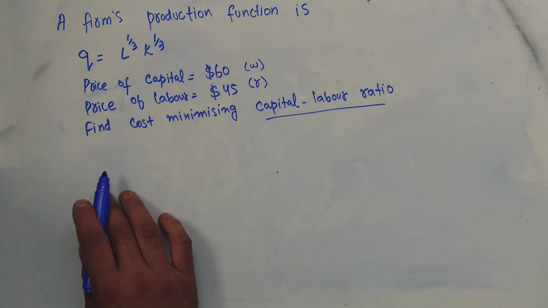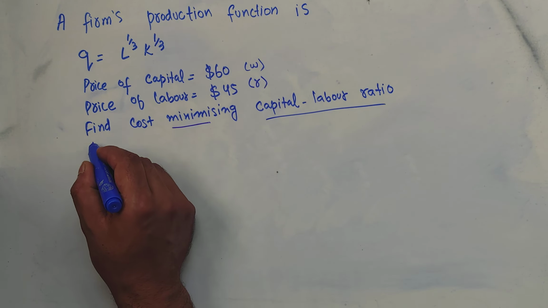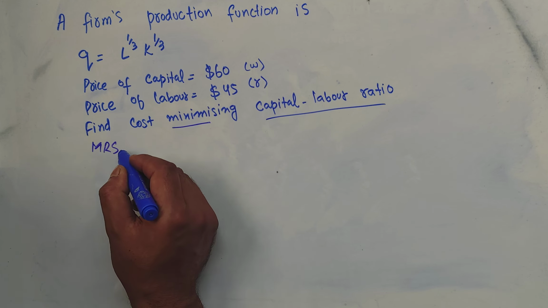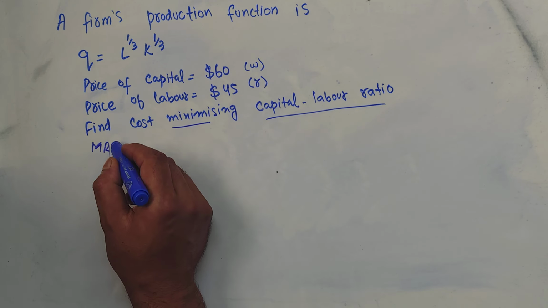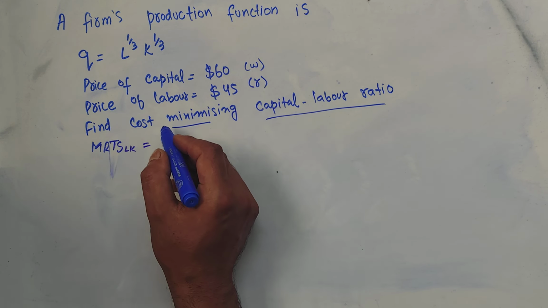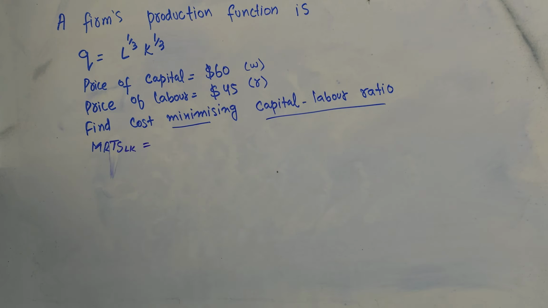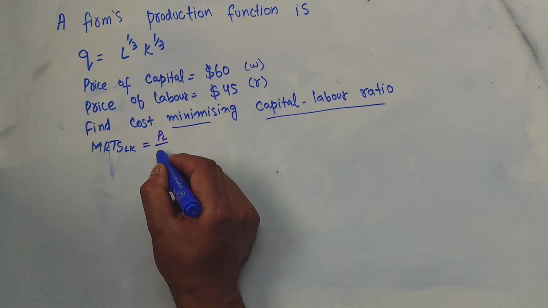Okay, so the cost minimizing condition is that the marginal rate of technical substitution between labor and capital should be equal to the factor price ratio, that is the price of labor upon the price of capital.